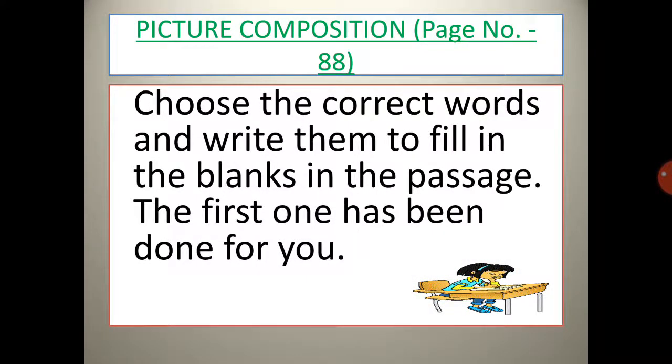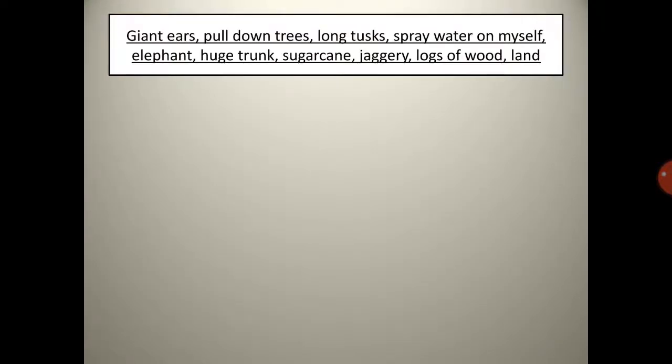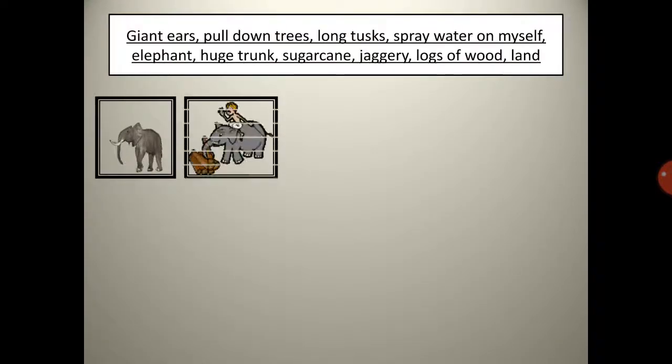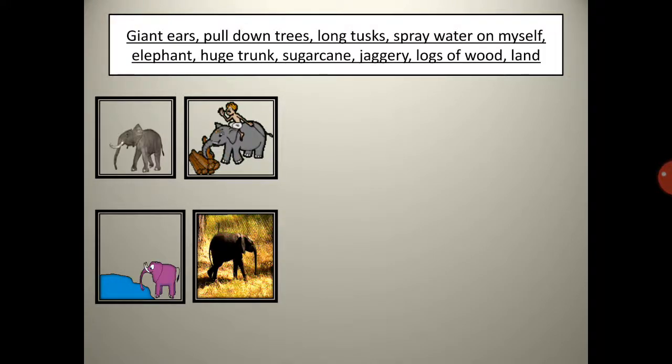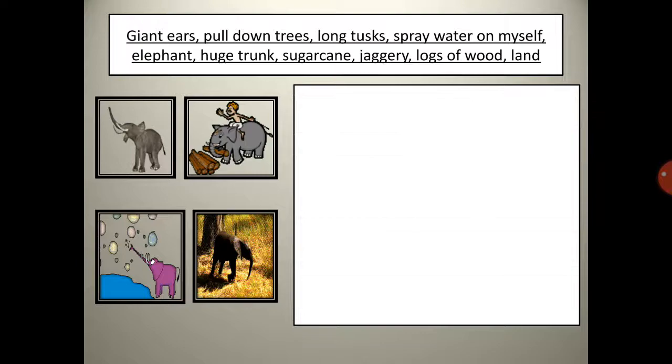Let's read the question. Choose the correct words and write them to fill in the blanks in the passage. The first one has been done for you. Now children, on page number 88, can you tell me which animal this is?